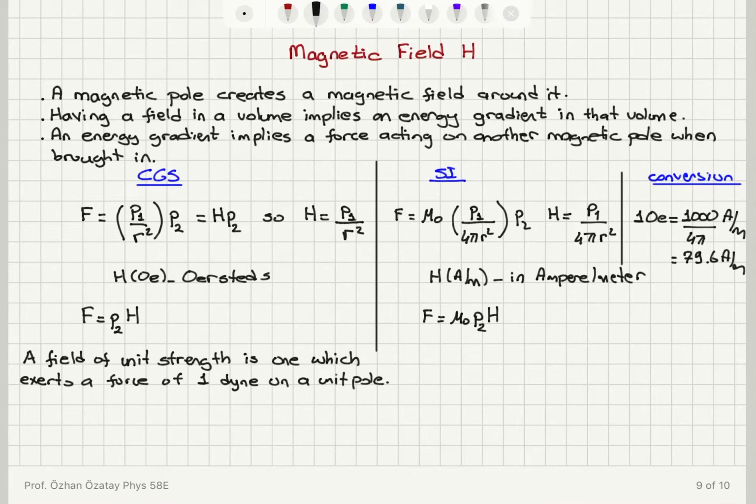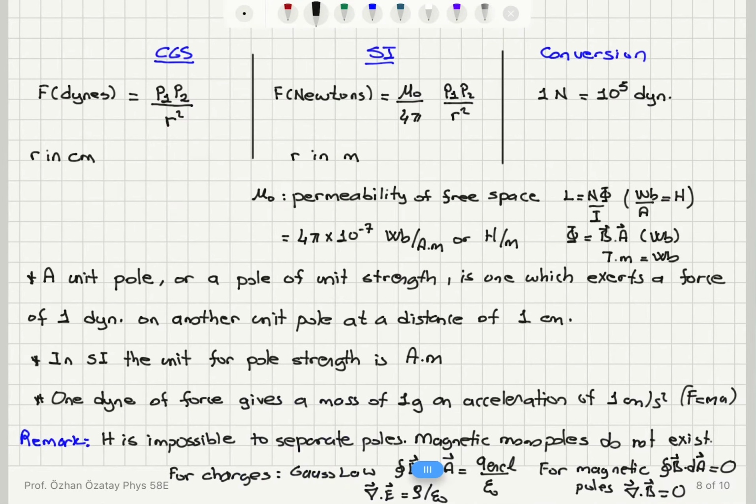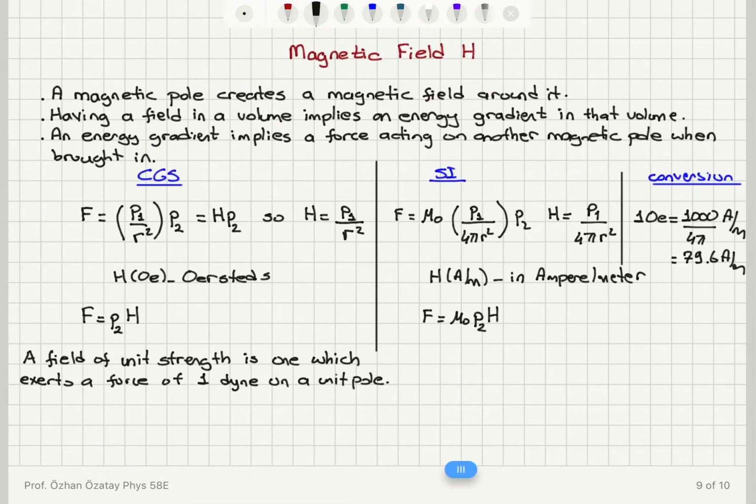We should also recall that there's a conversion between Newton and dyne. So if we go back, we can see that 1 Newton is 10 to the 5 dynes.